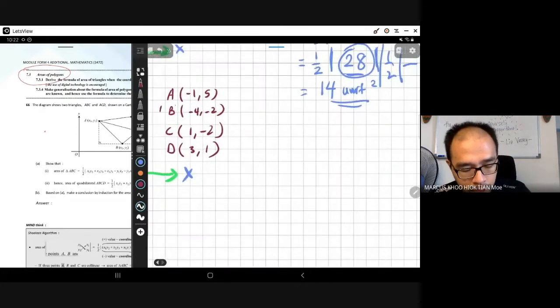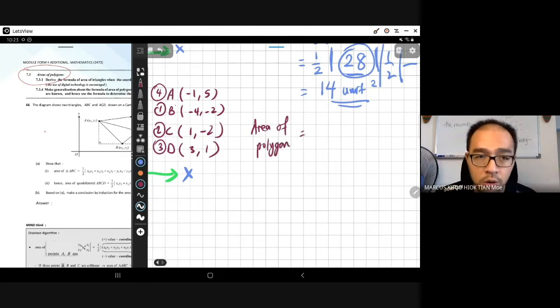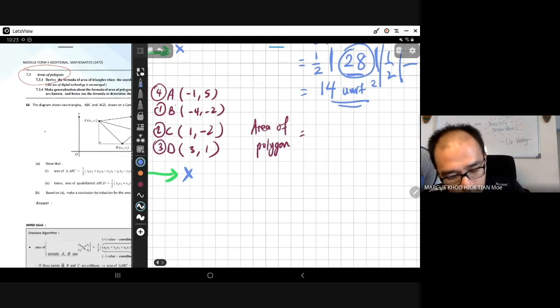So we want B, C, D, A. This is our order. For the area of a polygon, although it is a quadrilateral, a square, we use this same formula: 1/2, and we open the modulus.